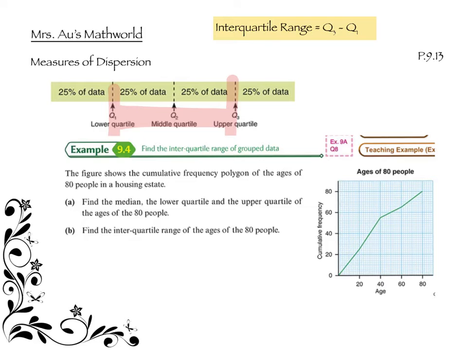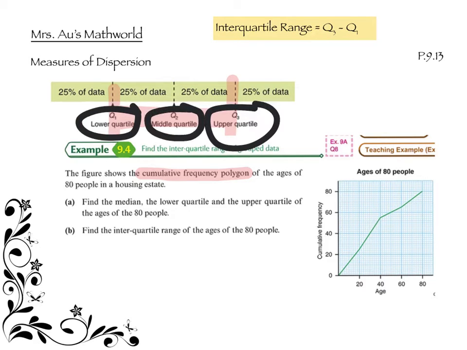We do it for grouped data, which means this one is a cumulative frequency polygon. Then we are able to find the three important values: the lower quartile, upper quartile, and also the median. So let's find them one by one.